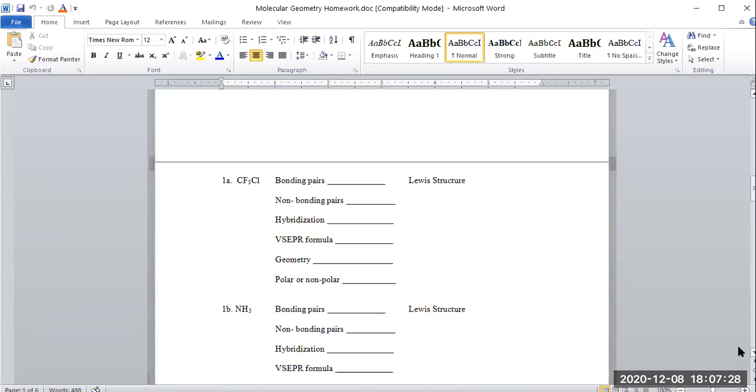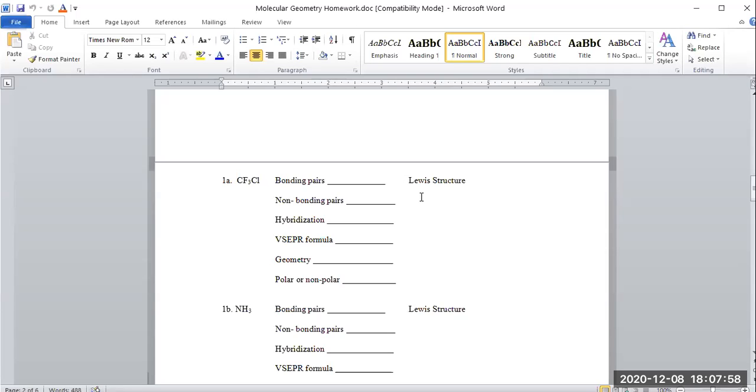I would suspect that probably the best place is to do your Lewis structure off to the right-hand side here. And then it asks you, how many bonding pairs? Now keep in mind that when it asks you bonding pairs, we are talking about the center atom. So like in that first molecule, most of those questions apply to the carbon that is in the middle. How many bonding pairs?